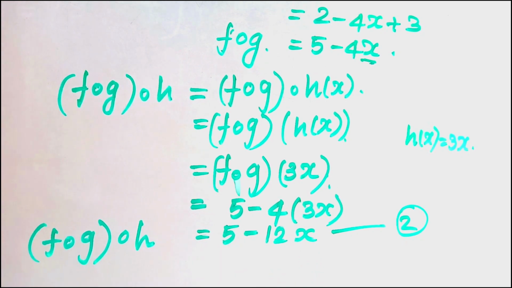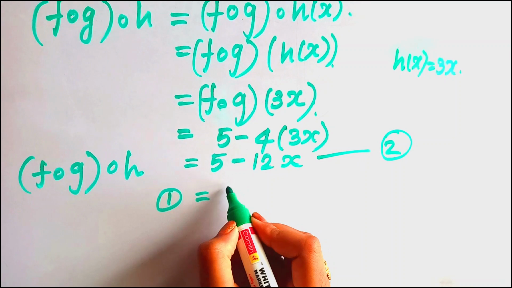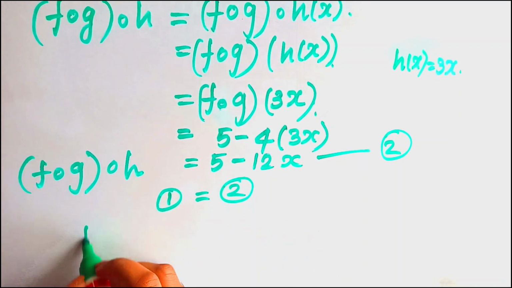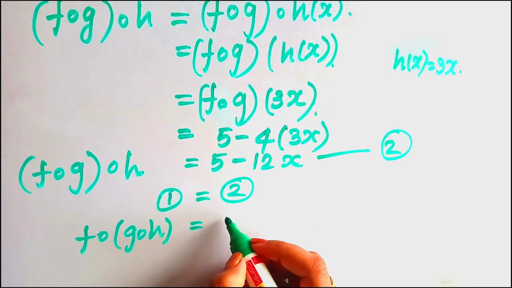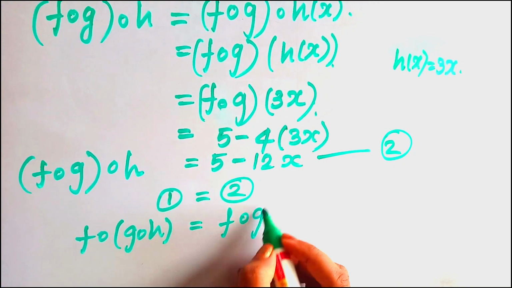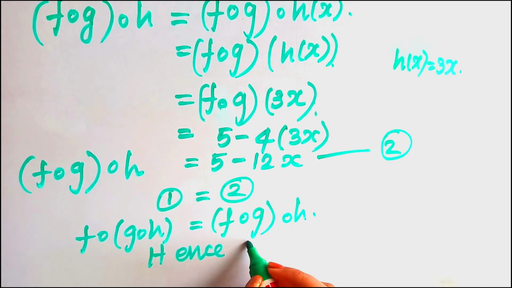So both are equal. Therefore equation 1 is equal to equation 2, which means (f∘g)∘h is equal to f∘(g∘h). So we can write: hence proved.